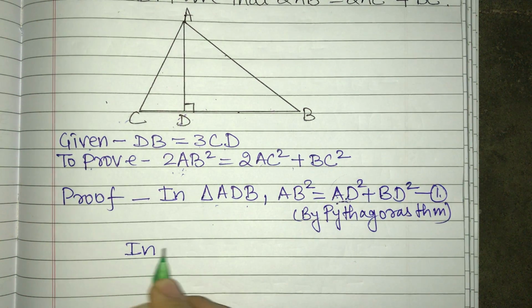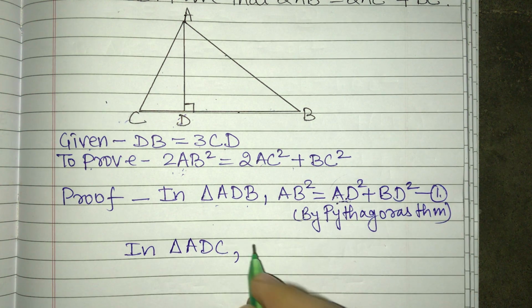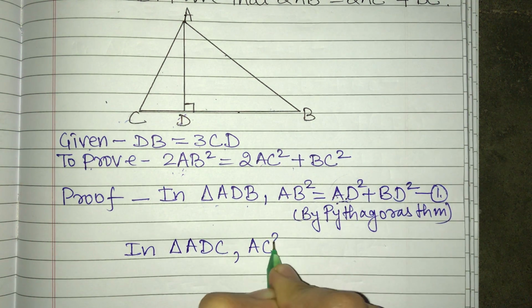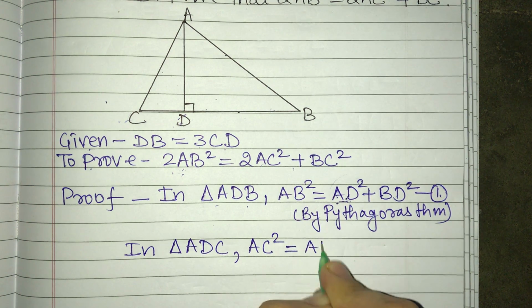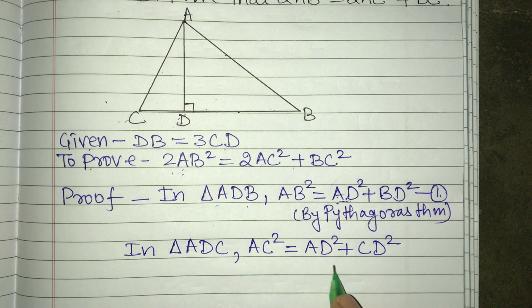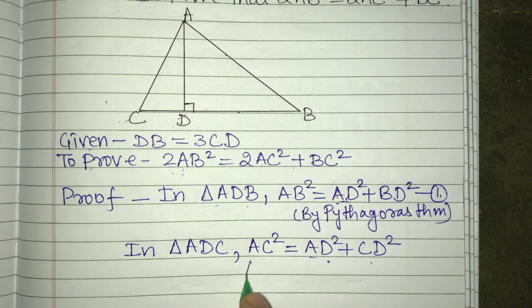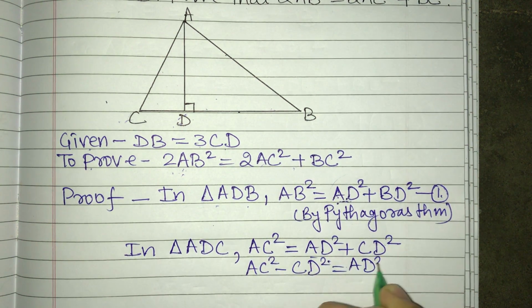Now using triangle ADC, in triangle ADC, I have AC square equals AD square plus CD square, again by Pythagoras theorem. So I am going to find the value of AD square. So AC square minus CD square equals AD square.